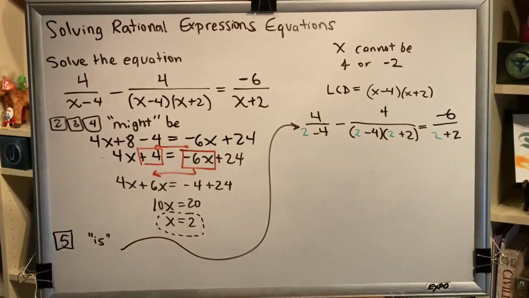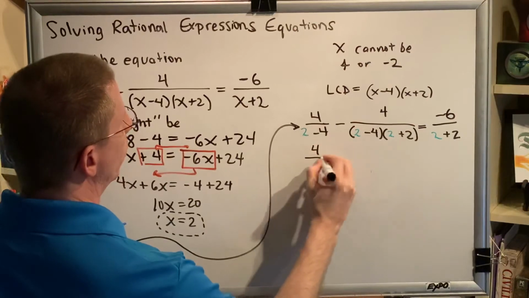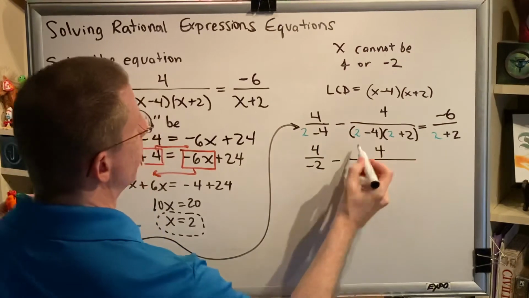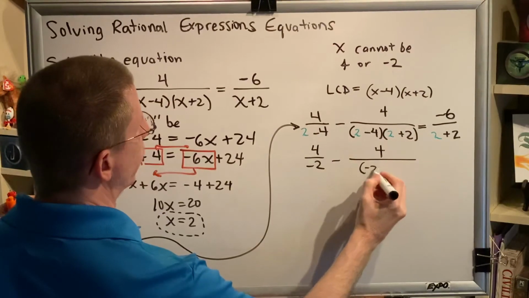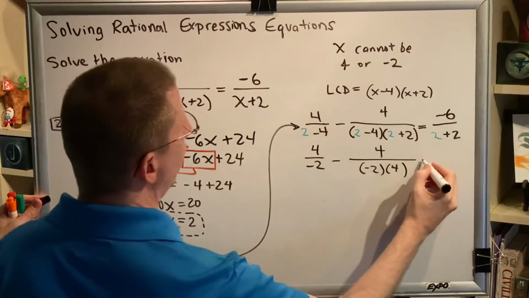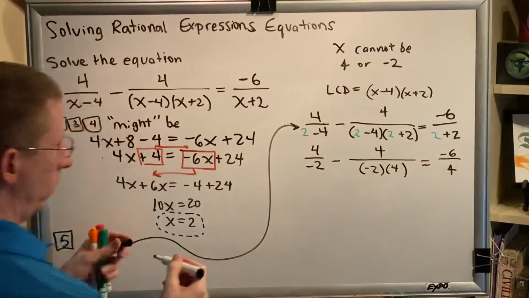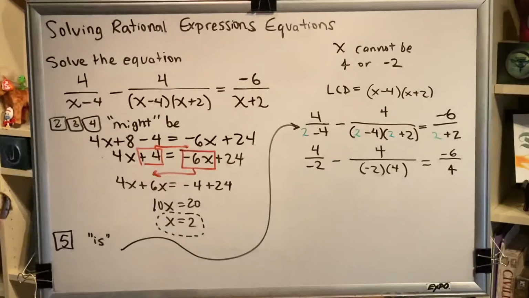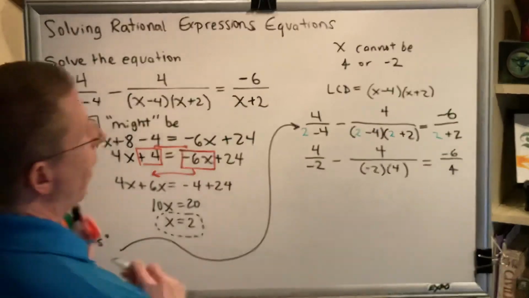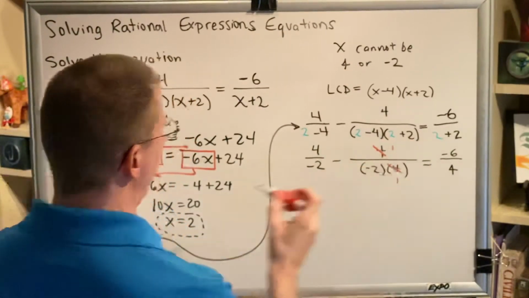Now we simplify to see if the left side and right side are equal. 2 minus 4 is negative 2, so I have 4 divided by negative 2. Similarly, this 2 minus 4 is also a negative 2, and this 2 plus 2 is 4, equals negative 6 over 4. All right, now let's begin to simplify. Notice that this 4 and this 4 can be canceled. Each one of those is going to turn into a 1.